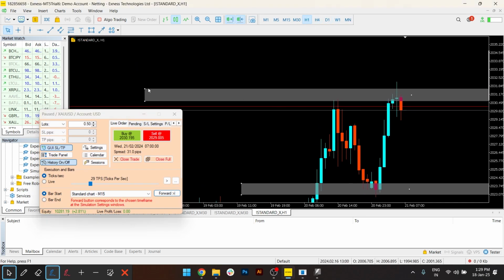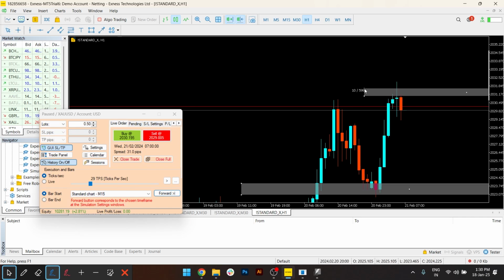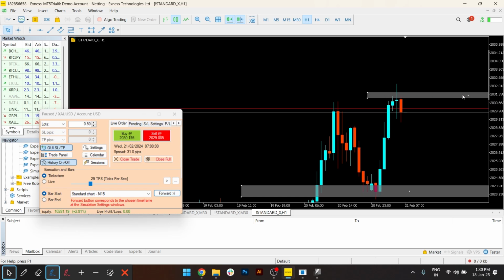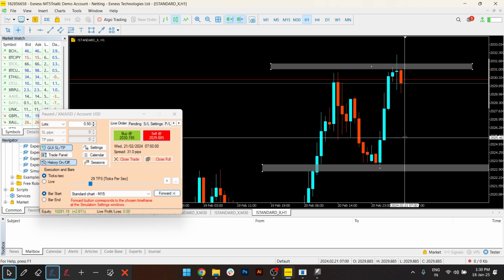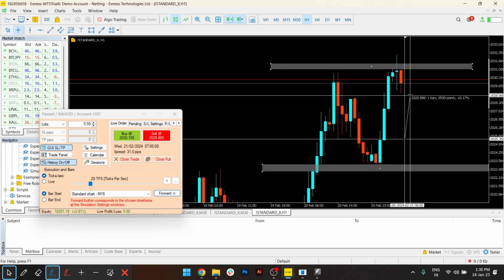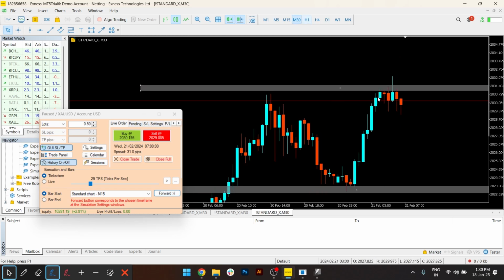Let's see. On the 1 hour we closed, we created a resistance on the 1 hour time frame. On the 1 hour we have resistance, and this is your support. Oh, wow, this would have been a good entry to take a buy, but that's all right.